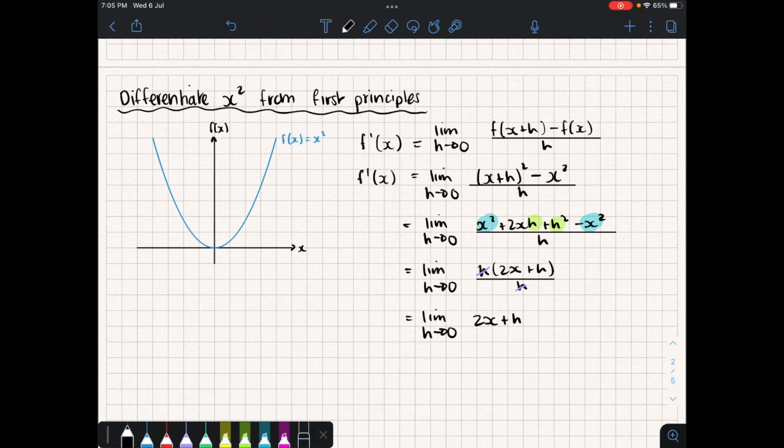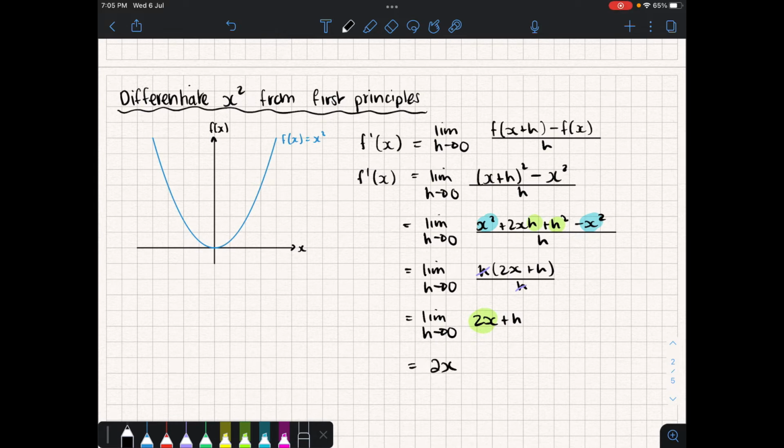And we're now finally able to assess our limits. So what we do when we assess our limits is we look at each term individually and we go, right, as h approaches 0, what happens to 2x? And the answer is nothing, because there's nothing to do with h in 2x. And so as h approaches 0, 2x stays 2x. And then we look at h.